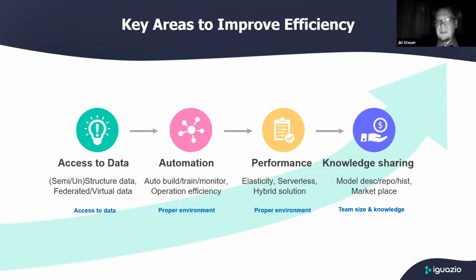The third step is again about environment for machine learning, but with focus on performance. It is about elasticity, serverless, and hybrid solutions. The last step is about support, team size, and knowledge sharing. Other steps are not public right now and drive future way. Next slide, please.